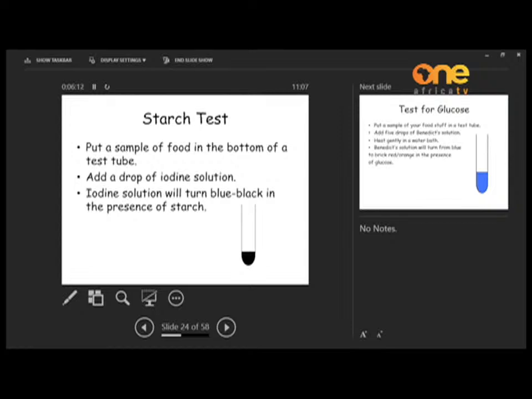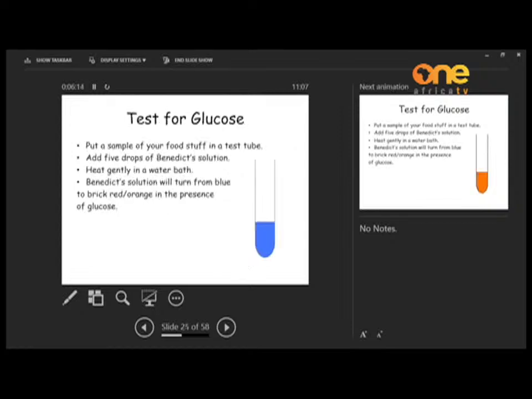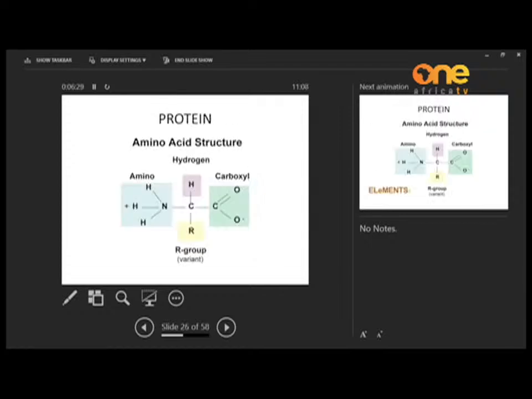You remember? Good. And then the Benedict's test, blue. If there's a small amount of reducing sugar, green. If there's a large amount of reducing sugar, it will turn to orange. Okay, right. Are you good on this?